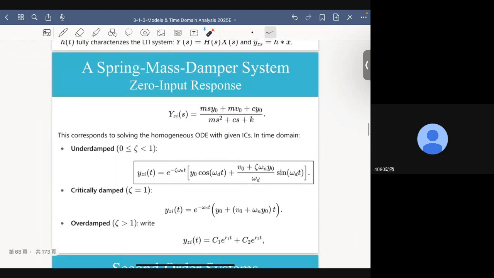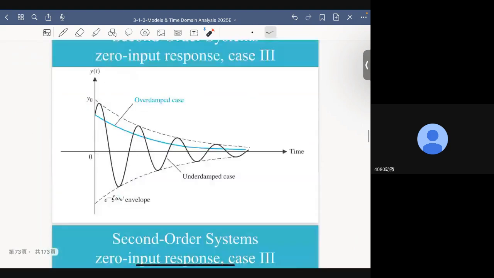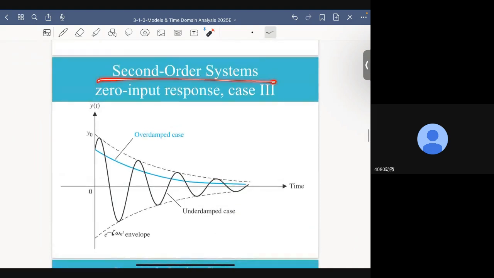Now, the same thing happens to the input response. We also have 3 cases depending on whether I have a pair of complex conjugate poles, or a pair of distinct poles, or a pair of repeated poles. Okay. Now, for the second order system, let's first look at the most complex response, which is the zero input response that correlates to K3.